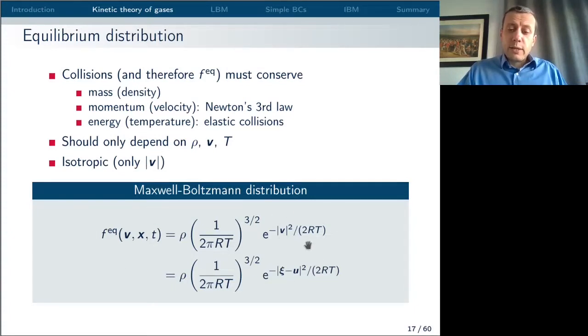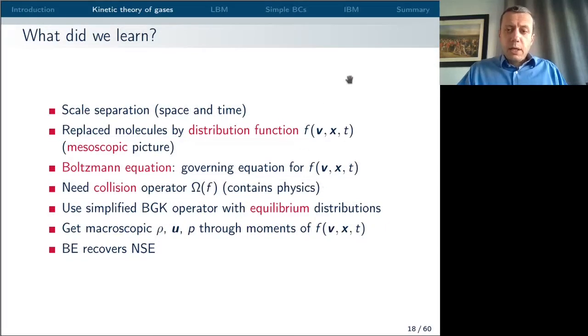And it's a relatively simple function, a Gaussian function as function of the density of the fluid, the temperature, R, which is the gas constant, and the velocity squared, which means any directional dependency is actually unimportant. That is, in a very, very small nutshell, kinetic theory of gases.